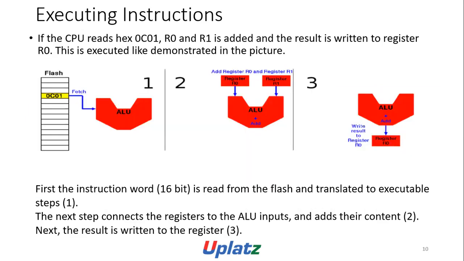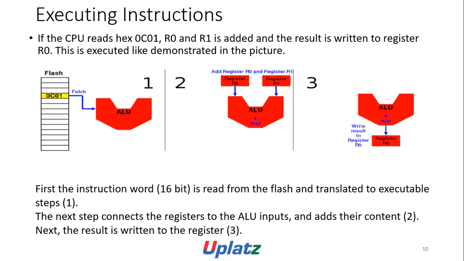Executing instructions. If the CPU reads hexadecimal 0C01, R0 and R1 are added and the result is returned to the register R0. This is executed as demonstrated in the picture. From the flash, 0C01 is taken into the ALU, and based on that, the ALU adds the registers R0 and R1, and the result is written into the register R0.